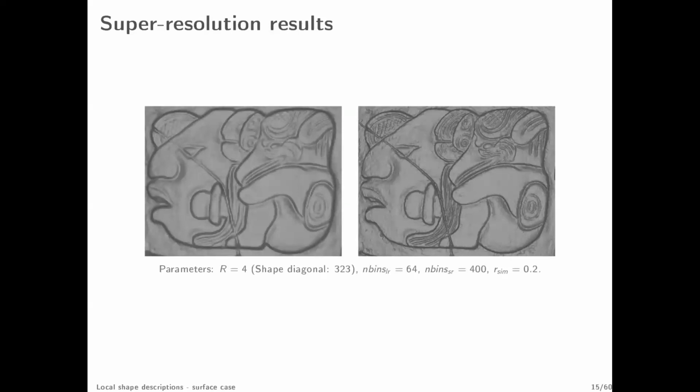So here is the kind of results you get. You see in particular in these areas that you have improved a lot the small, repeated details, and you really have enhanced what was obtained from the scan.